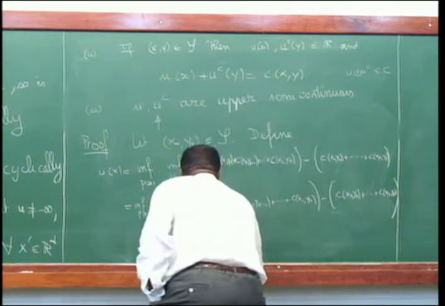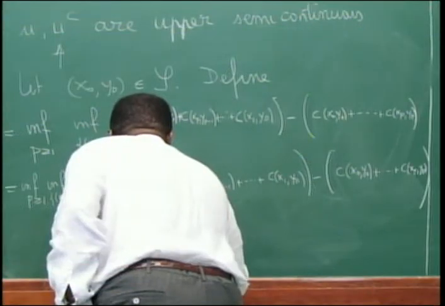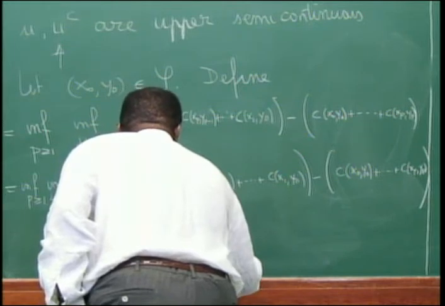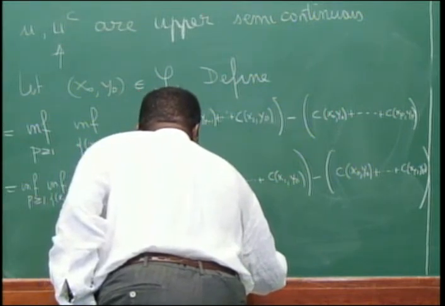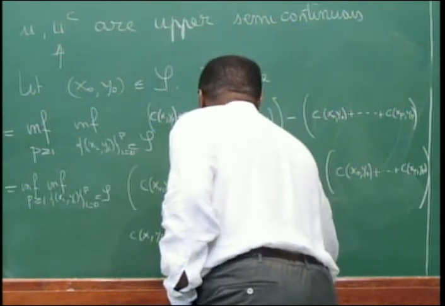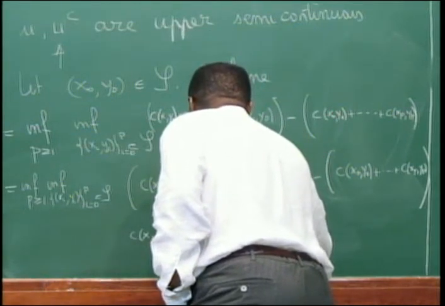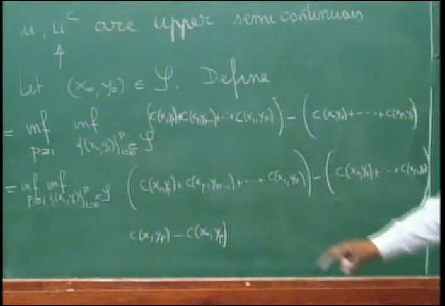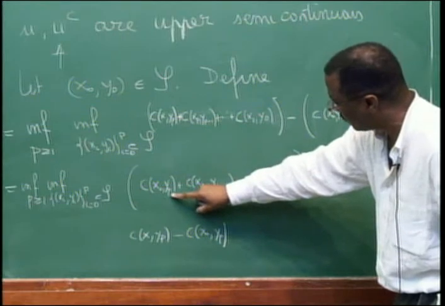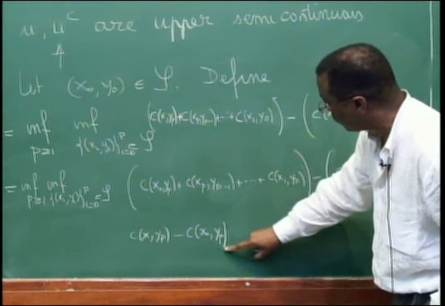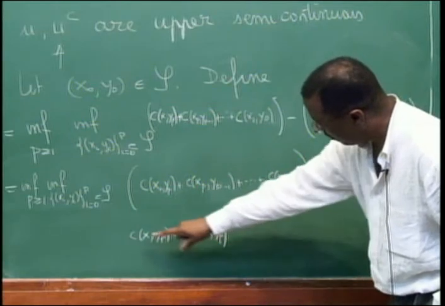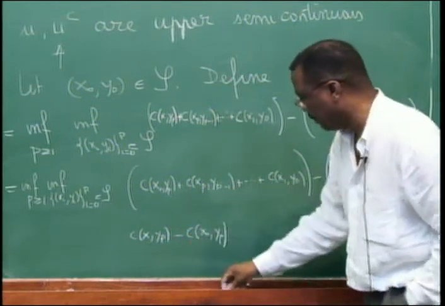And I need to add C x yp minus C x naught yp. Okay, so I have replaced C x yp by C x naught yp minus C x naught yp plus C x yp.